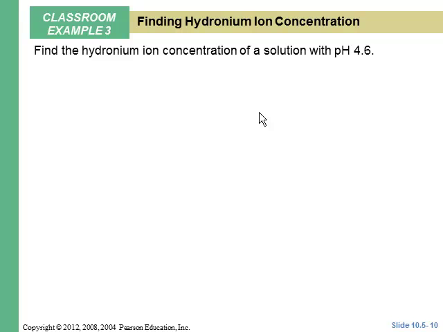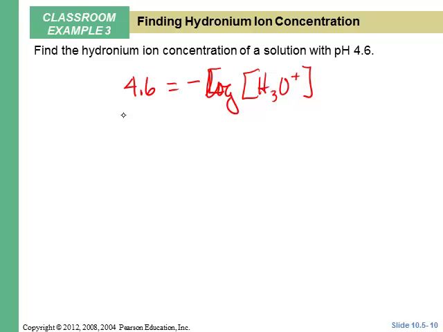Next one. Find the hydronium ion concentration if the pH is 4.6. Or in other words, since we know 4.6, that is the negative log of the hydronium ion concentration. So we would press second function log, because now we're looking for the number whose log is negative 4.6.